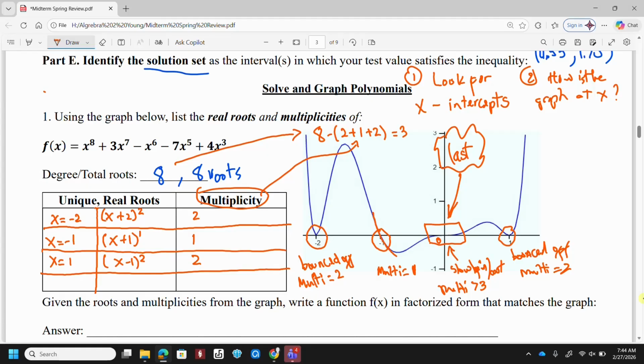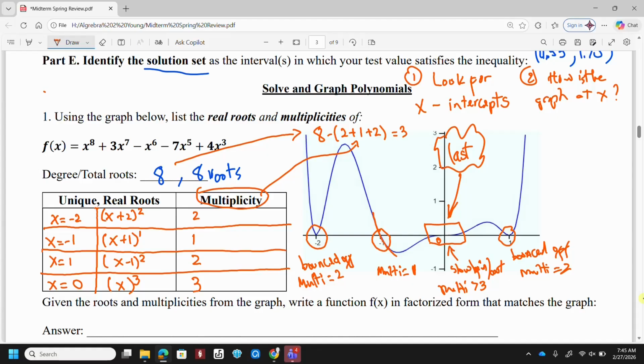So when x equal to 0, the factor is x plus or minus 0, which is still the same. The multiplicity is 3, and the exponent is 3. We're done. It's easy to get the factors.